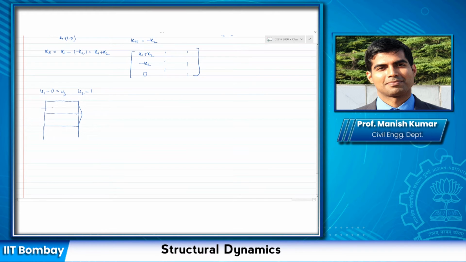So again, I can cut this in three halves and draw the free body diagram. Remember that the relative deformation between this and this is actually equal to 0. Okay, so let us say the force that is required to maintain this is K12, K22, K32, because of deformation at the second degree of freedom.